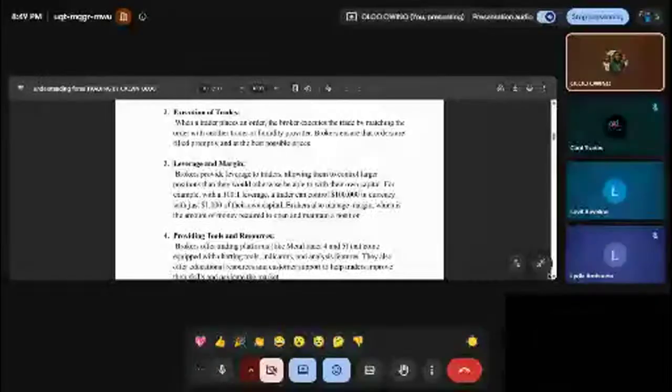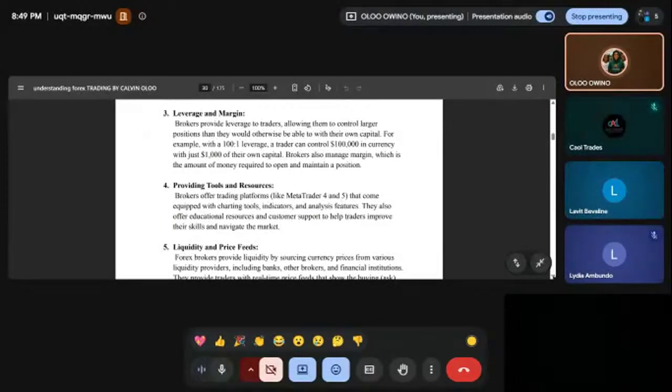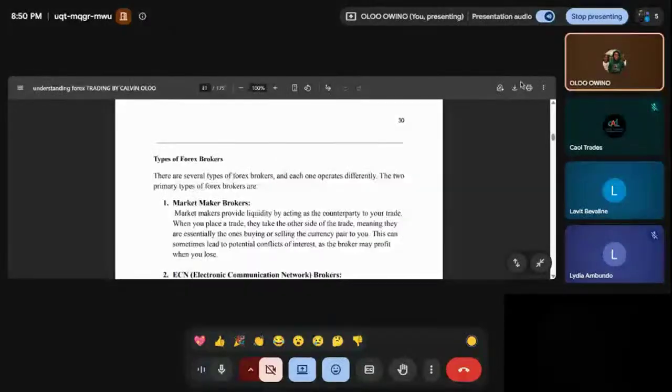Where I was talking about 100, you can control $100,000 in currency with just $1,000 of your own capital. The brokers also manage margin, which is the amount of money required to open and maintain a position. They also provide tools and resources. For example, one of the tools is the trading platform, MT4 and MT5. They give you charting tools, indicators, analysis features, and also educational resources for traders and customer support.